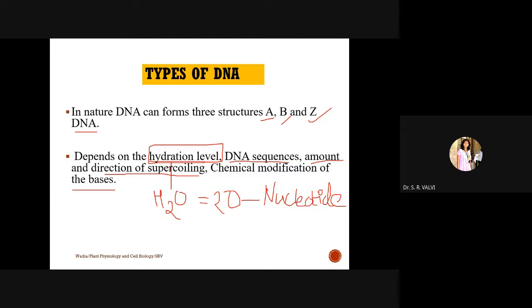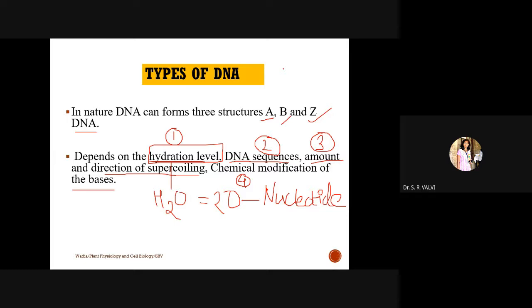So the first characteristic is the water molecules, then the DNA sequences present in them, then the amount and direction of supercoiling, and chemical modification of these bases. Depending on these four characteristics, these types or structures of DNA are made.